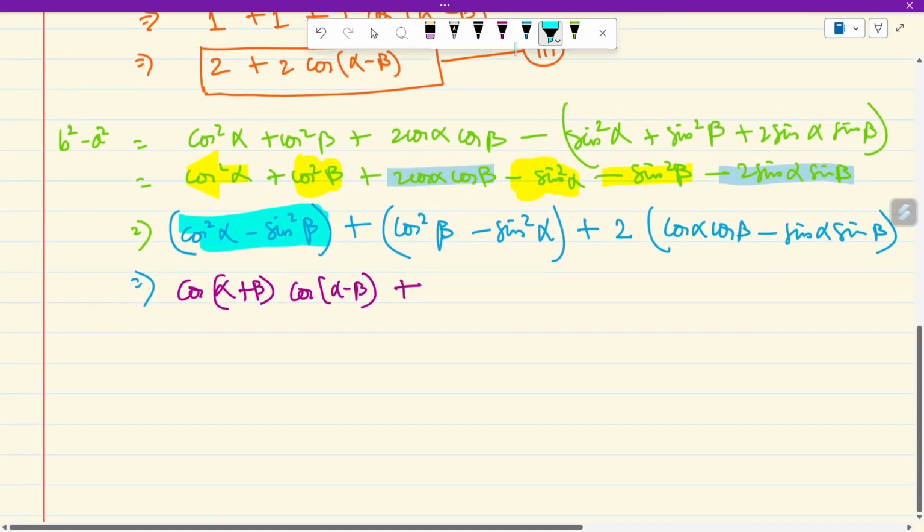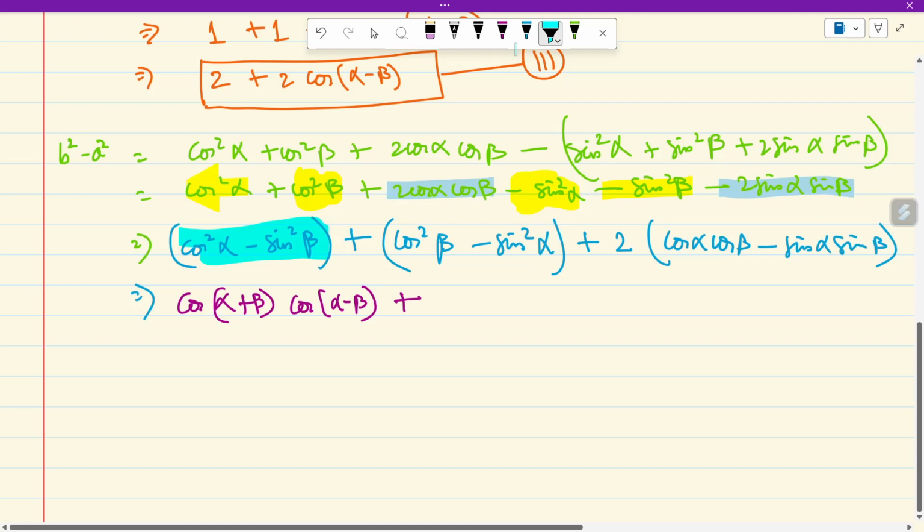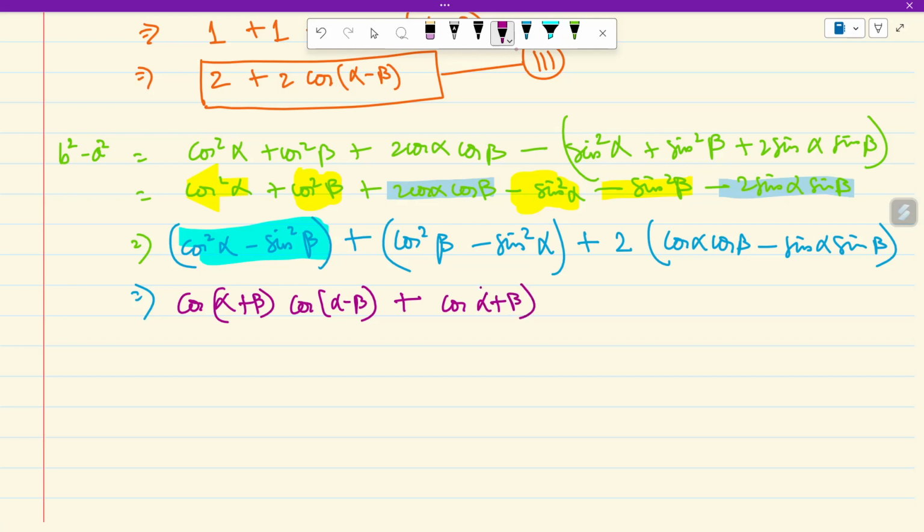So we will write that same formula only: cos(alpha plus beta) into cos(alpha minus beta), plus 2, and what is remaining here, cos alpha cos beta minus sin alpha sin beta. This is the formula of cos(alpha plus beta). So it is coming 2 cos(alpha plus beta).